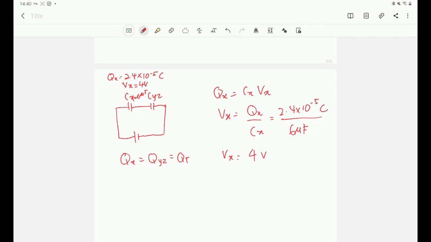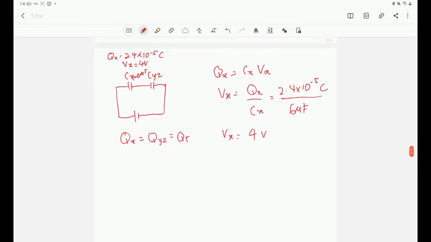So the remaining is capacitance Y and capacitance Z. Alright, so right now we need to split the CYZ back. So this one is Cx, this one is Cy, and this one is Cz.